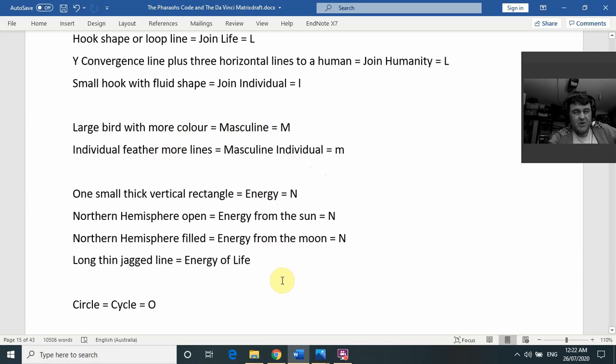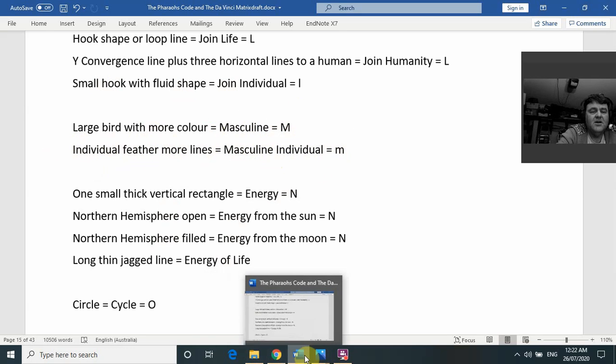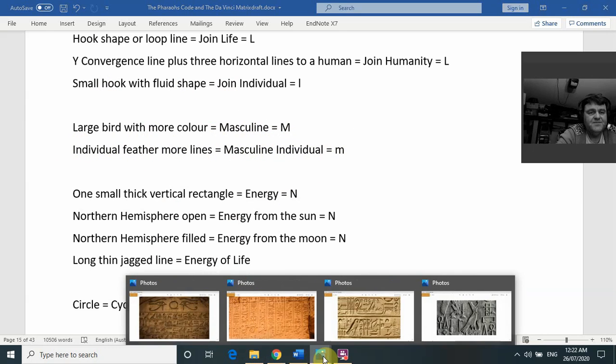So this is where the birds all start to come into the mix. Where you see a large bird which has more colouring on it, as per real life, that is a male bird, and it's representative of masculine energy. In the individual context, it is the feather of the bird. It's a single feather, an individual feather, and the feather will have more coloured lines on it than for a female.